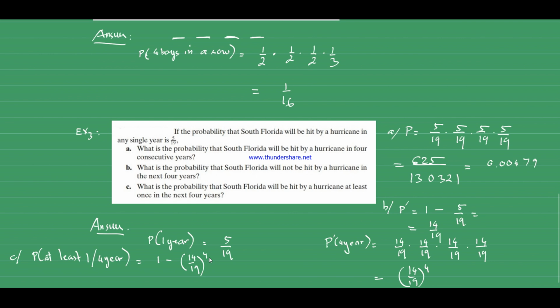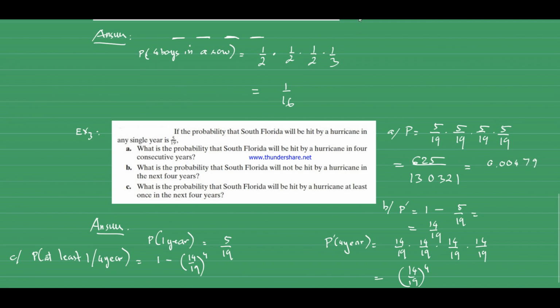Because here we want to find the probability of the hurricane hitting at least once in the next 4 years, but we already had the probability of not being hit by a hurricane in the next 4 years, then for at least once you just do 1 minus. Okay, good.